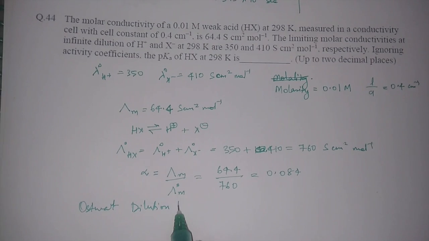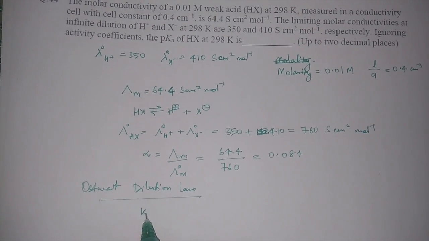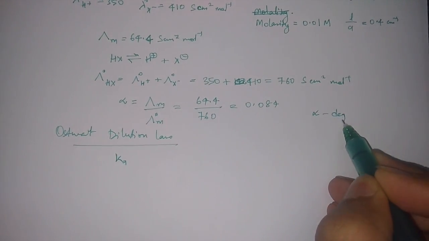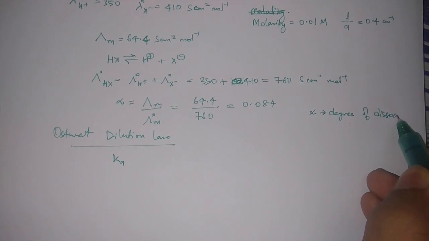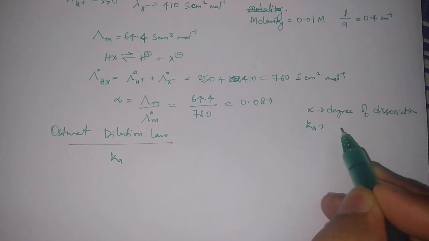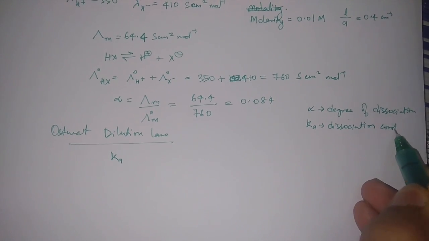Alpha is the degree of dissociation, it tells how much the thing has dissociated, and Ka is called the dissociation constant.